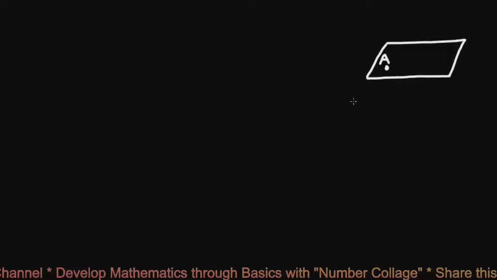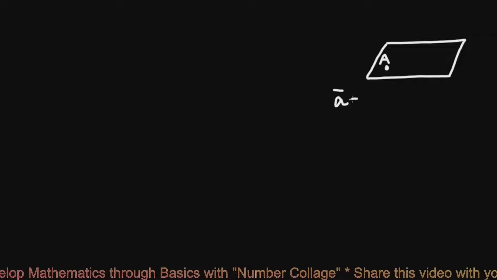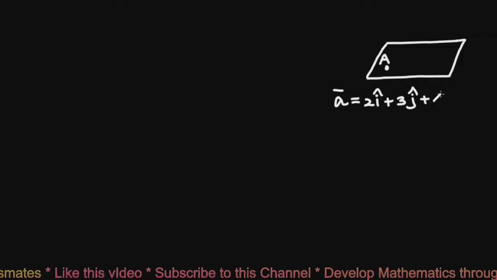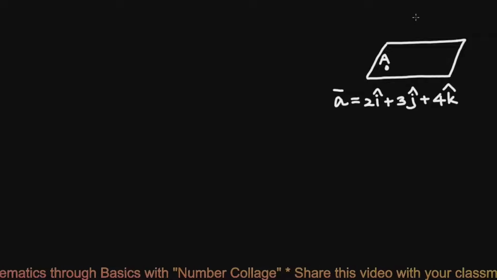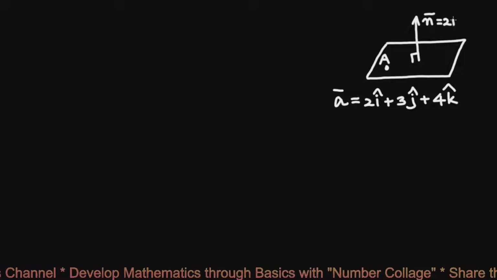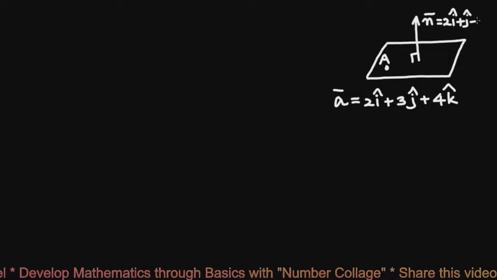Let's find the equation of the plane which passes through point A, whose position vector a bar is 2 i cap plus 3 j cap plus 4 k cap, and which is perpendicular to the vector n bar, 2 i cap plus j cap minus 2 k cap.